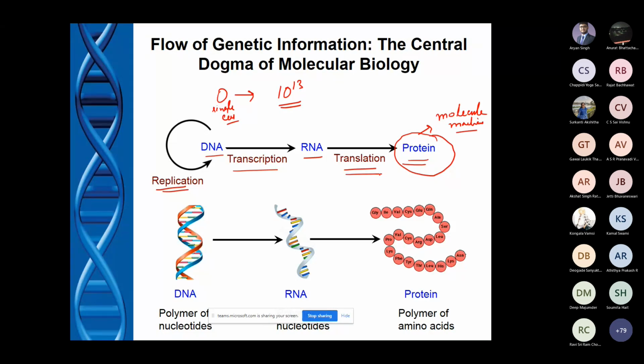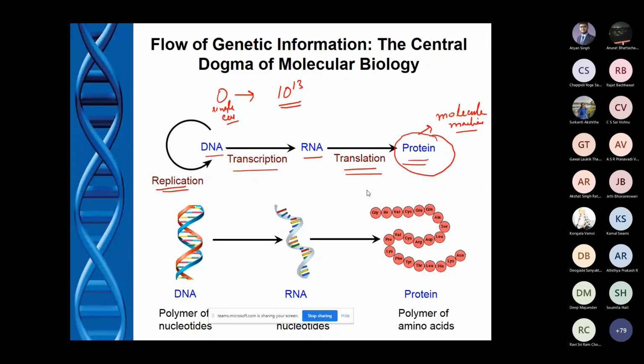Why translation? You know what translation is in the English language. For example, if you go to France, you don't know the French language, right? So you need a translator who will understand both French as well as your language, whether it's English, Hindi, or whatever regional language.